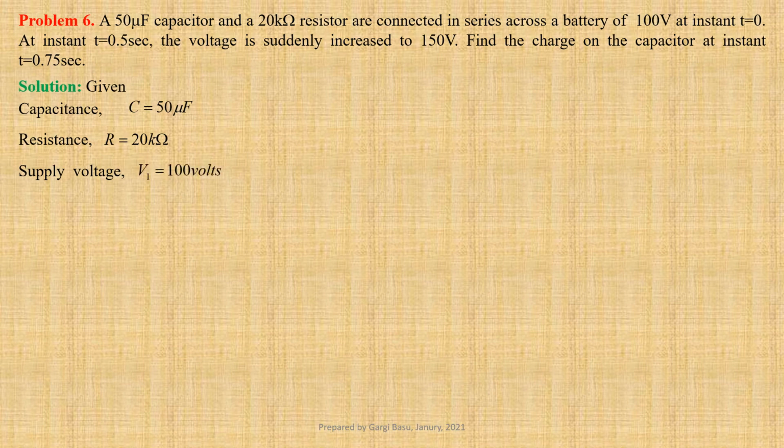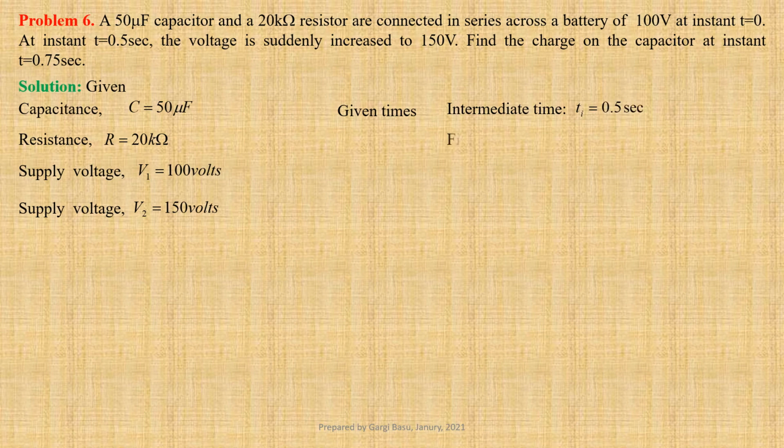At instant t equals 0.5 second, increased supply voltage V2 equals 150 volts. Given timings, intermediate time Ti equals 0.5 second. Final time Tf equals 0.75 second.